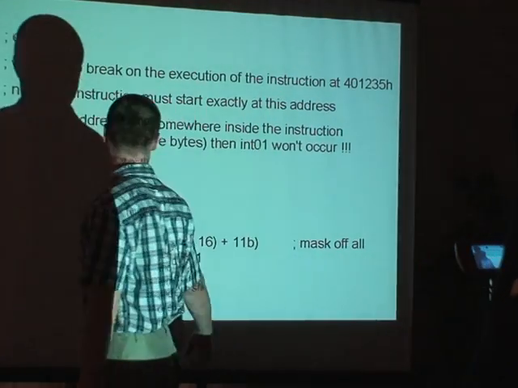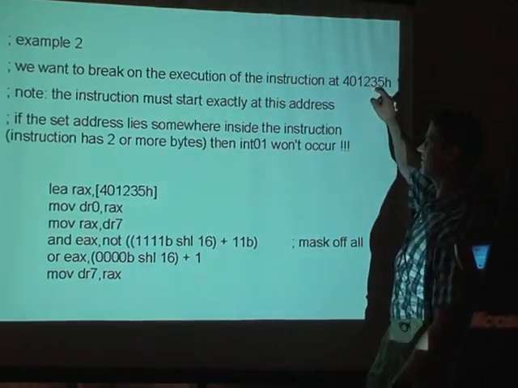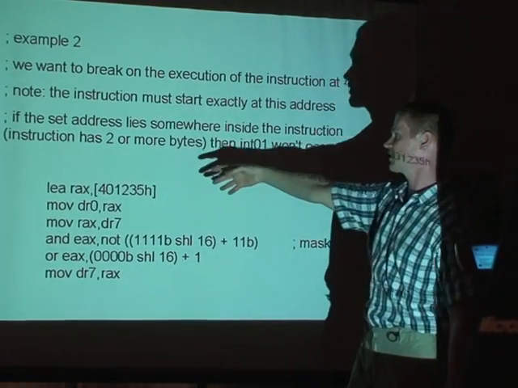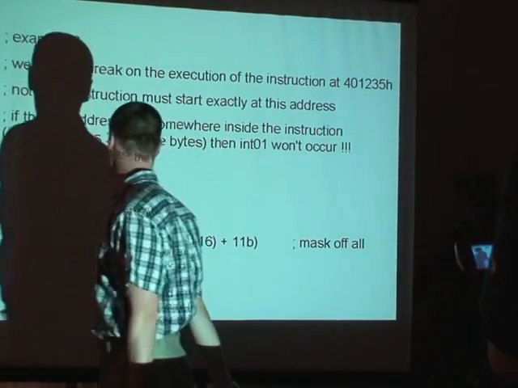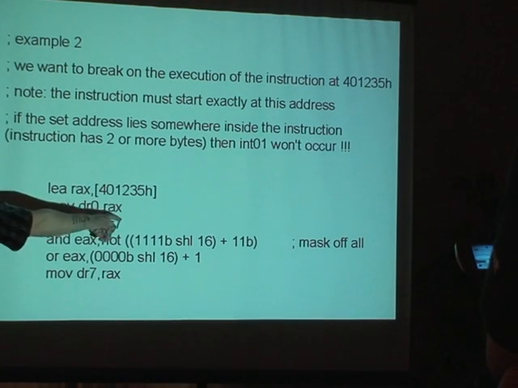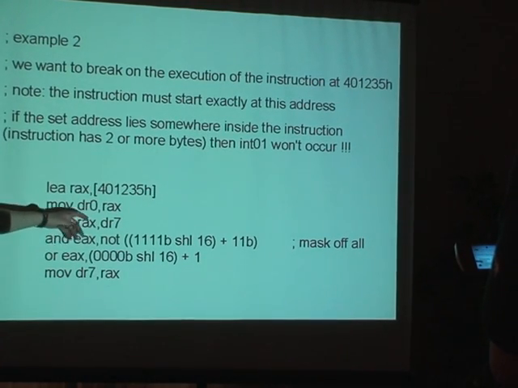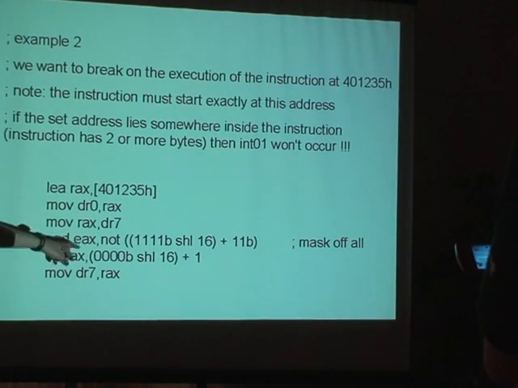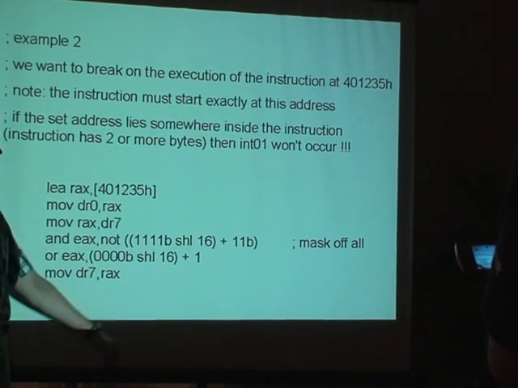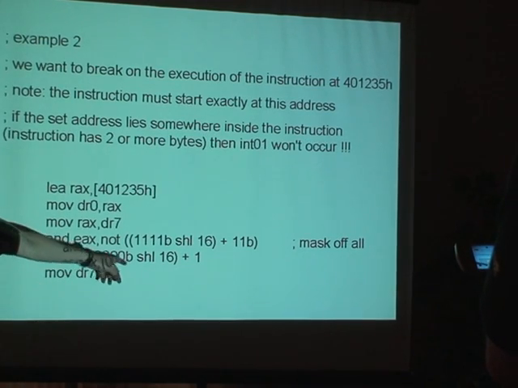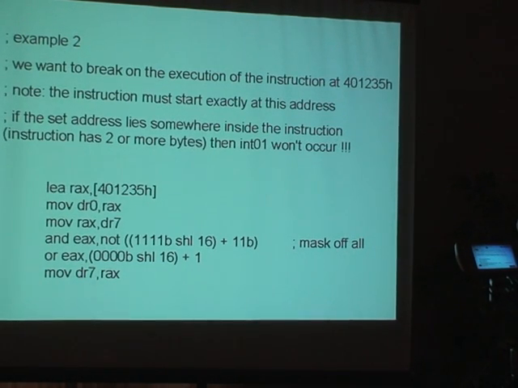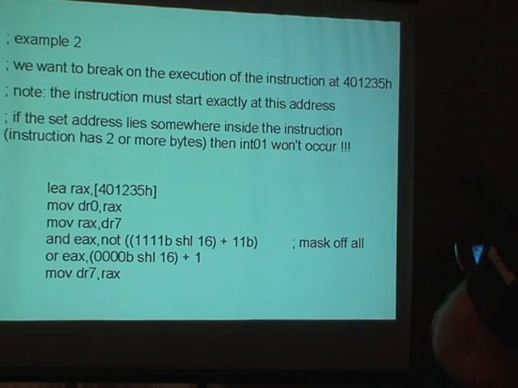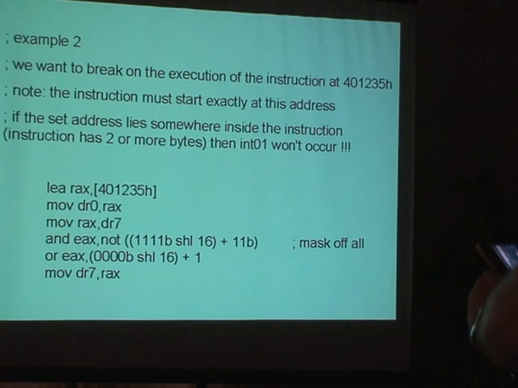If this address lies somewhere inside the instruction, so the instruction has 2 or more bytes, then interrupt 1 will never occur. So we just load this address into debug register 0, then we read the value of debug register 7, we mask off all necessary bits to prepare to put what we want into it, and at the end we write it into debug register 7. This is the example which M. Hajduk asked about, how to break self-modifying code.